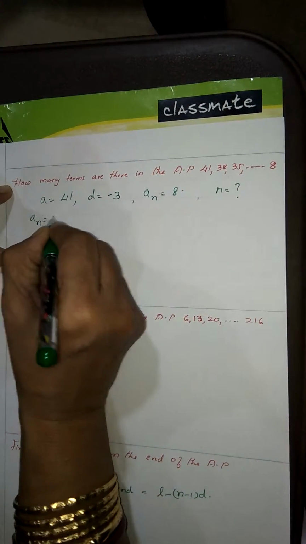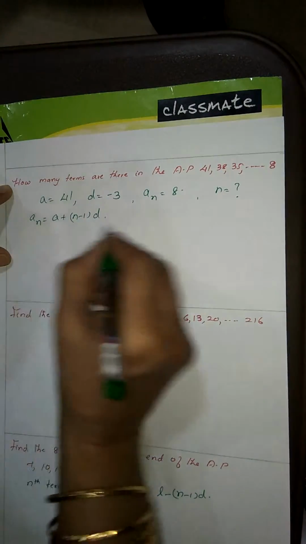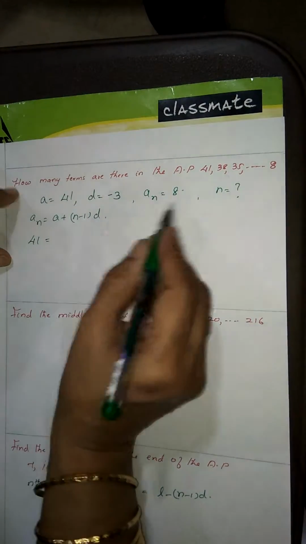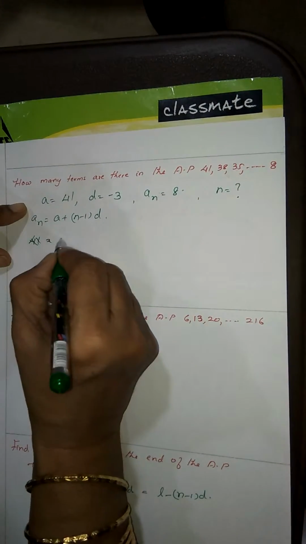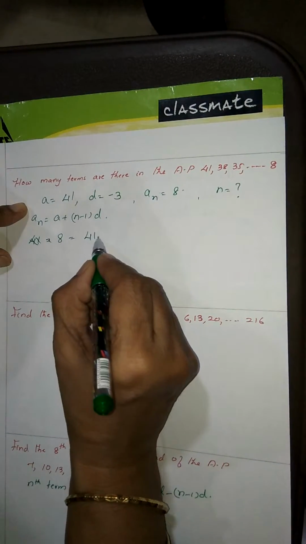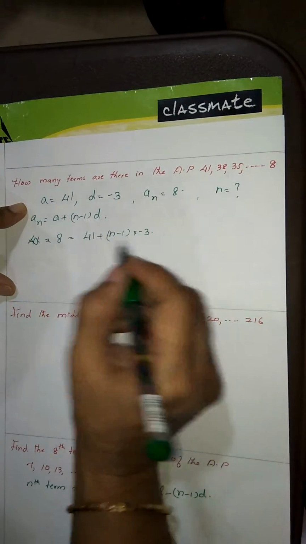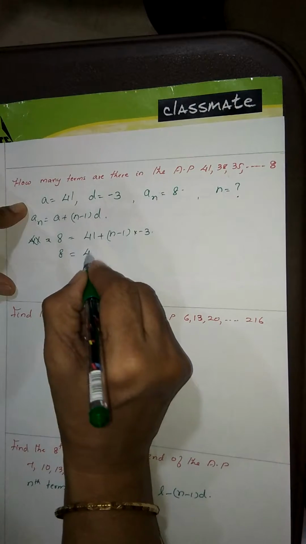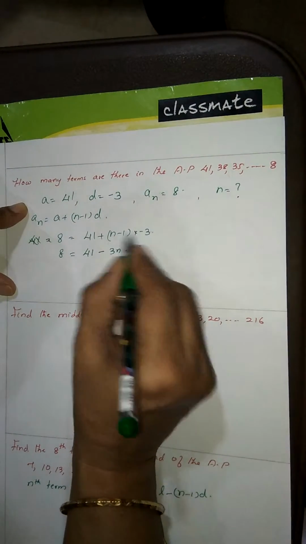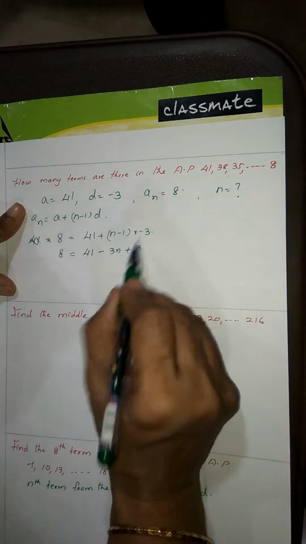So an is equal to a plus n minus 1 into d. So you get an is equal to 8, so 8 is equal to 41 plus n minus 1 into minus 3. So you get 8 is equal to 41 minus 3n plus 3. We multiply 3 with these terms, so minus 3n plus 3.